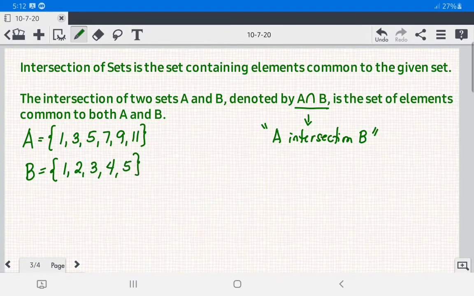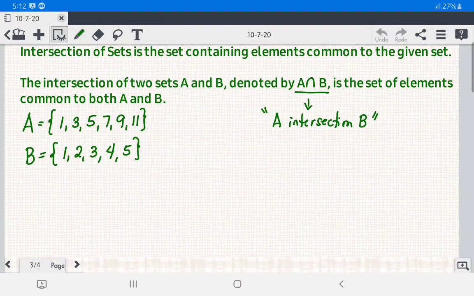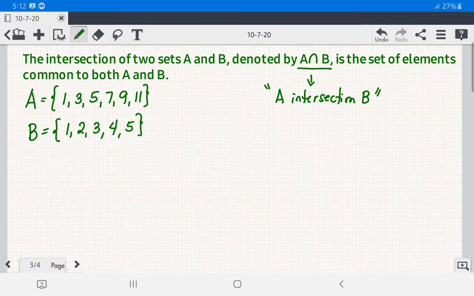Now, to get the intersection of these two sets, we're going to go through the elements of the first set and see if they are in the second set. So, A intersection B is equal to, so let us see.